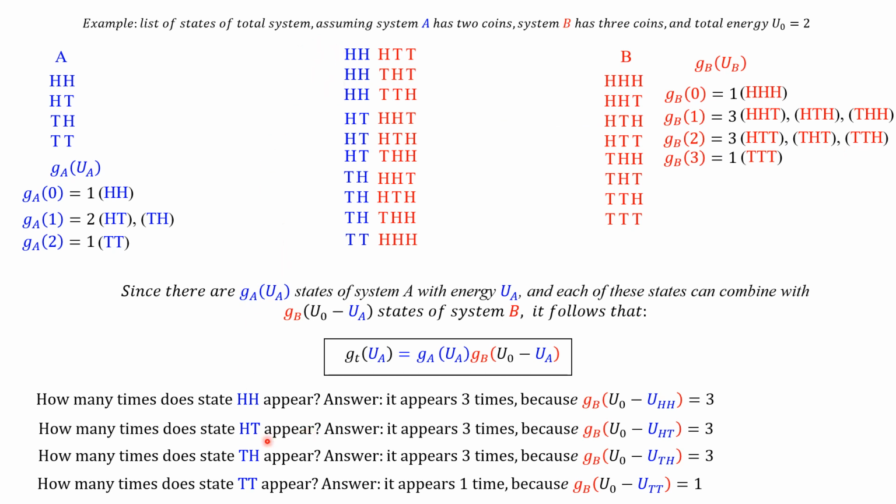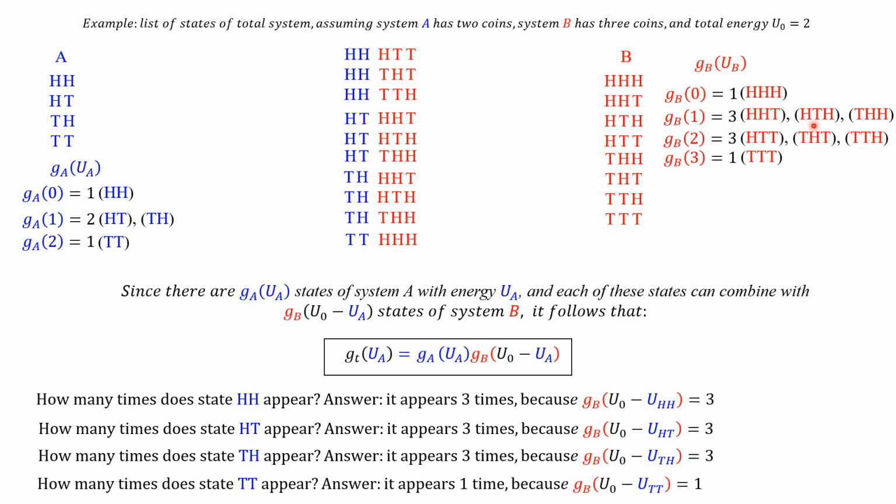And if we ask how many times the state HT appears, the answer is also 3, but now because the multiplicity evaluated at the complementary energy, now this energy here is 1, so we have 2 minus 1, the complementary energy then is 1, so GB, the multiplicity of system B evaluated at 1 unit of energy, is 3.